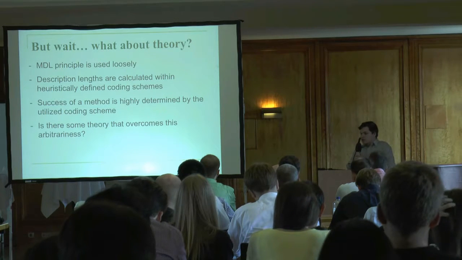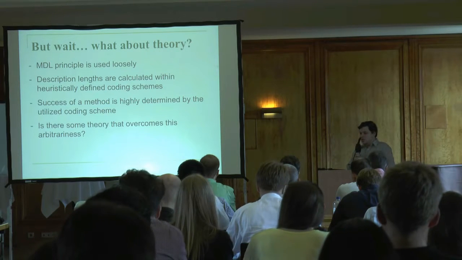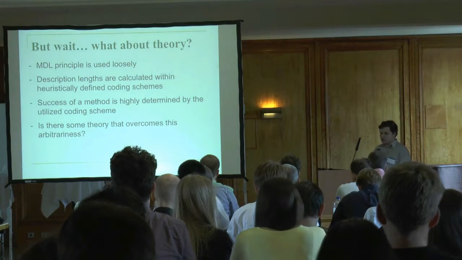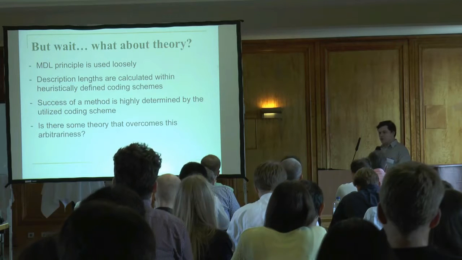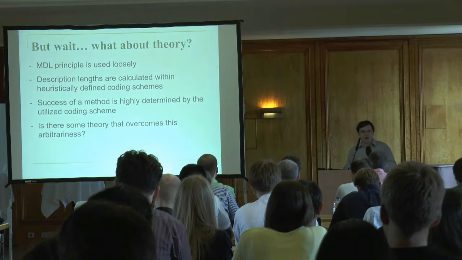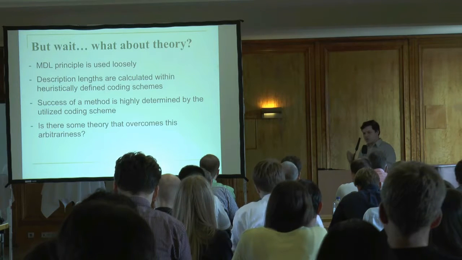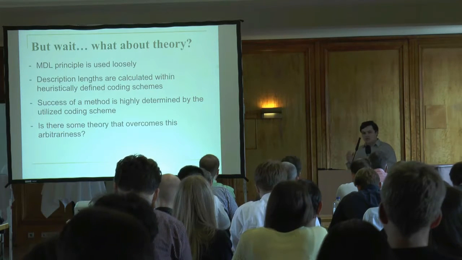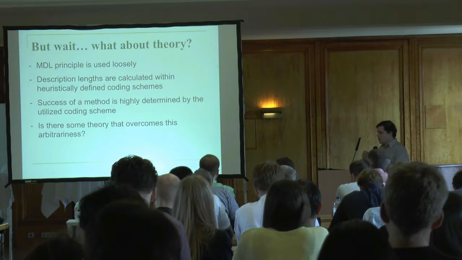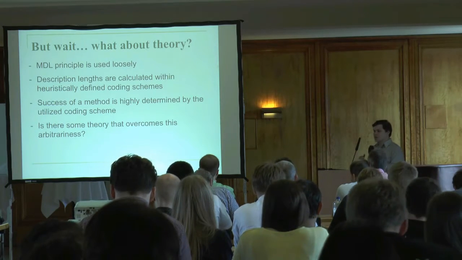So the main question is how to define coding schemes within which the minimum description length principle is calculated, because in practice these coding schemes are defined fully heuristically. It's quite convenient to define them in such a way, but it leads only to slight improvements of existing methods, but not to developing new, more powerful methods. So is there a way how we can overcome this arbitrariness?